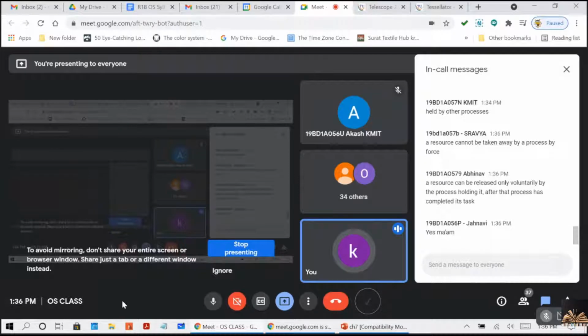A resource cannot be taken away from a process by force. Okay. A resource can be released only voluntarily by the process holding it after the process has completed its task. Yes, very good. Right?